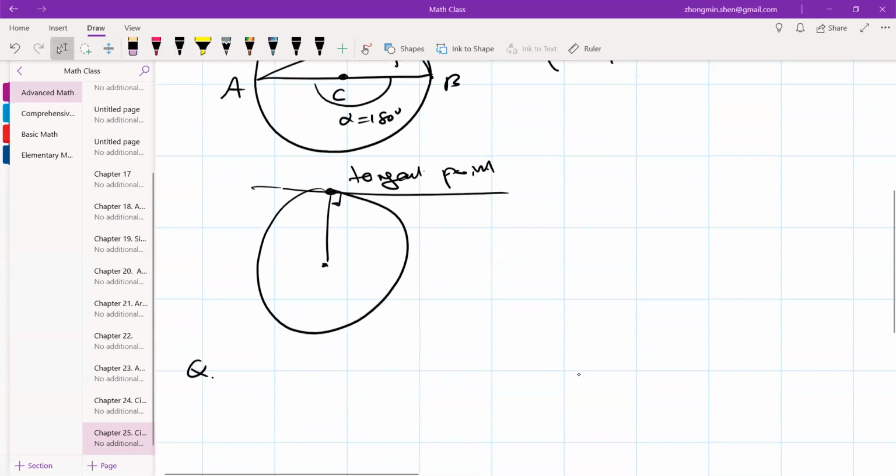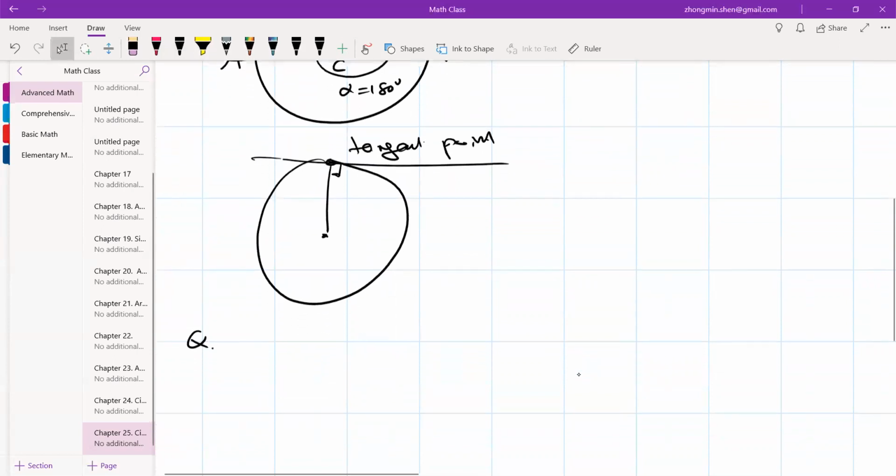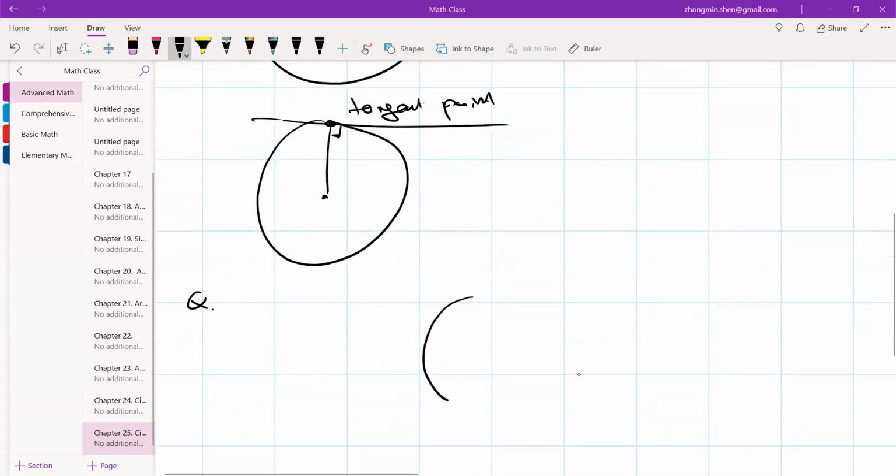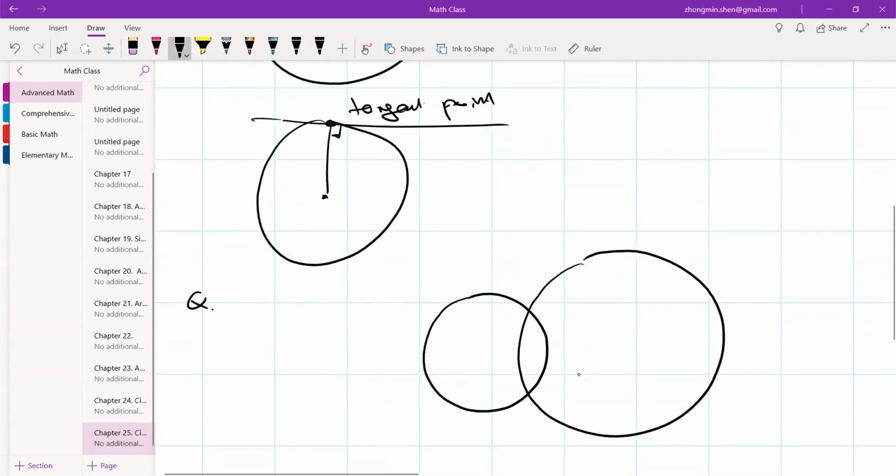Now we're going to look at the following problem. Suppose you have two circles and they intersect. One is larger, the other one is smaller. Two intersecting circles have a common chord. This is 24 centimeters.